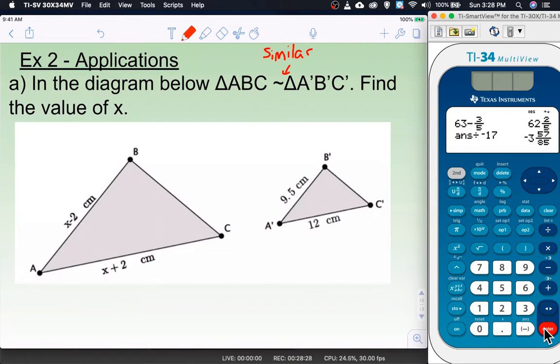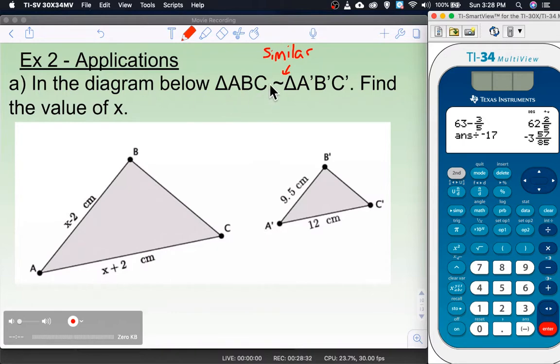So this problem says, in the diagram below, triangle ABC is similar to triangle A prime, B prime, C prime. You can see I have this squiggle thing labeled as similar. This is the symbol if two shapes are similar.